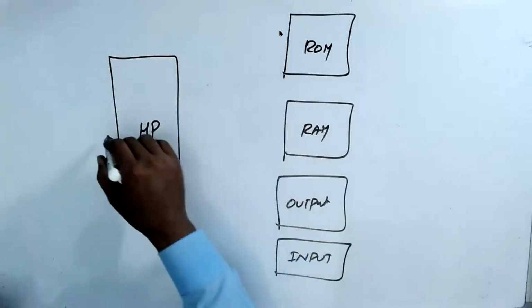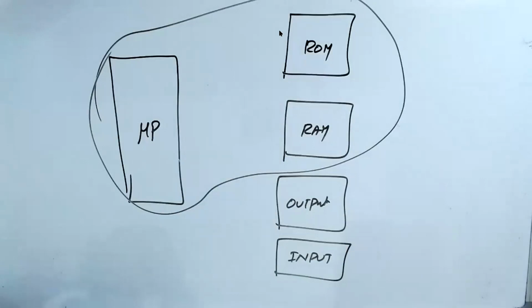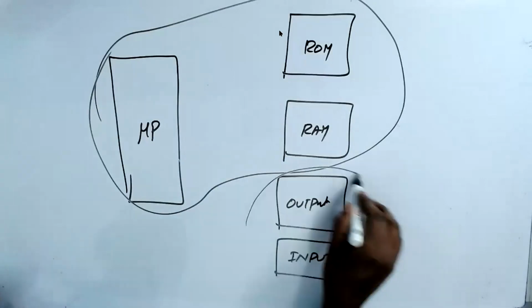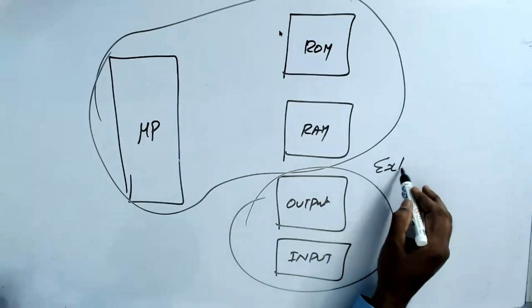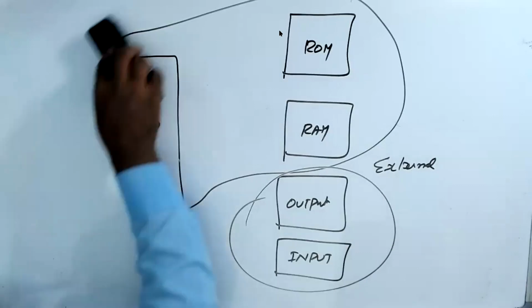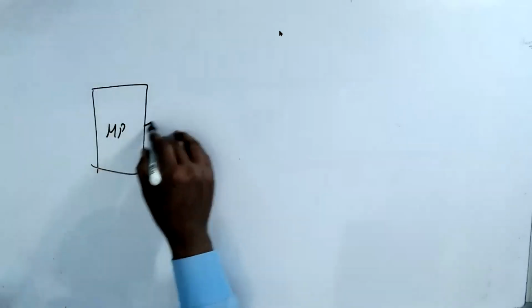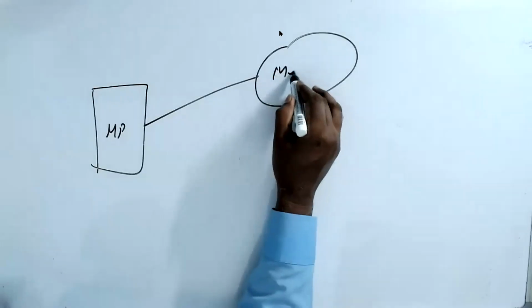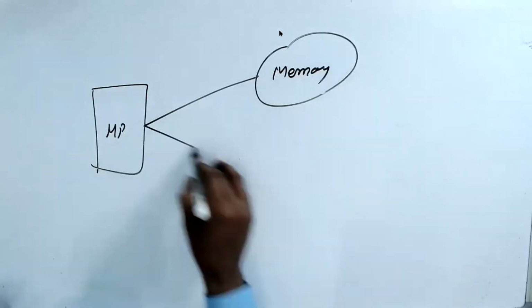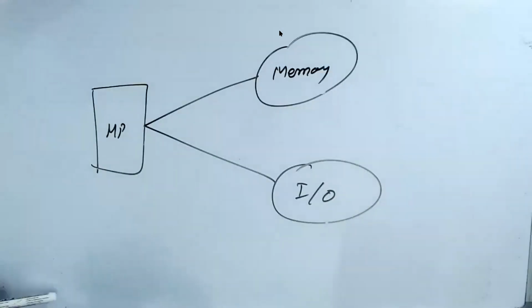This is for computing, and this is for the external interface or connection, whatever it is. The beauty is both of them are controlled only by the microprocessor: microprocessor to memory, microprocessor to IO. Understand?